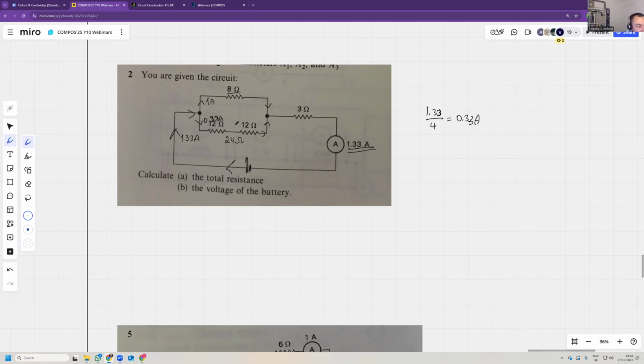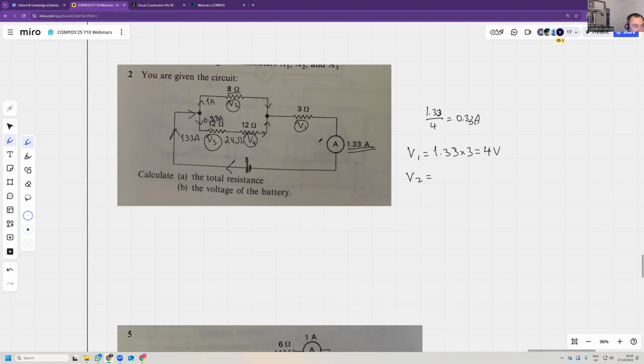And now let's label these V1, V2, V3, V4, the voltages on each resistor. So V1 is the current times the resistance. So 1.33 times 3. So that would be 4 volts approximately, 3.99, but 4.